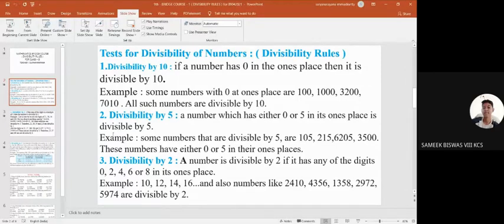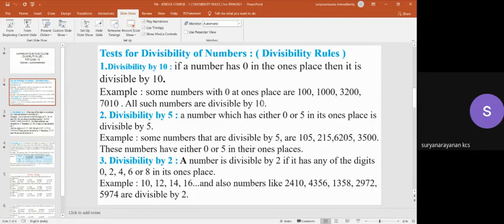See this example, my dear children. Some numbers with 0 at ones place are 100, 1000, 3200, 7000, 10. If you observe these numbers, in ones place, 0 is there. Yes or no, my dear children? Yes, sir. So all such numbers are divisible by 10.